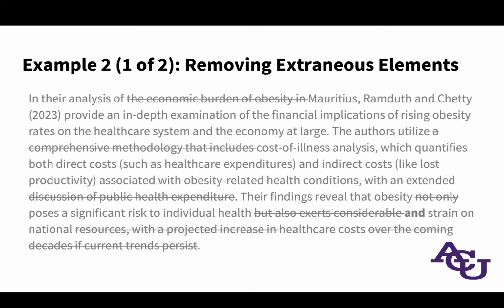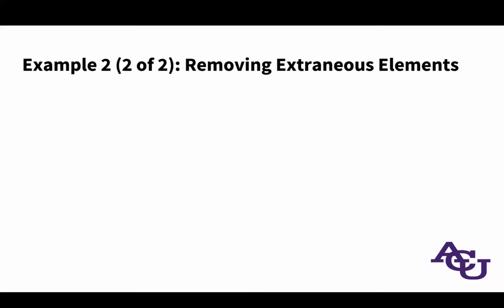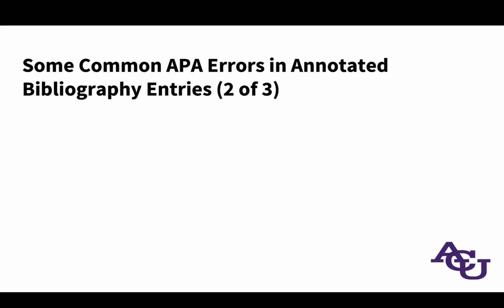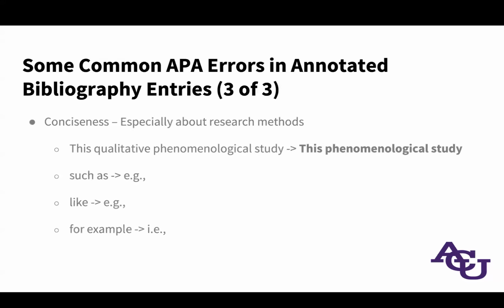It's that they did that cost of illness analysis of direct and indirect costs. And so when you are writing about this here, look at the first bullet example, this qualitative phenomenological study. Well, phenomenological research is inherently qualitative. So listing the word qualitative doesn't actually give us any more meaning. So you can take that out.